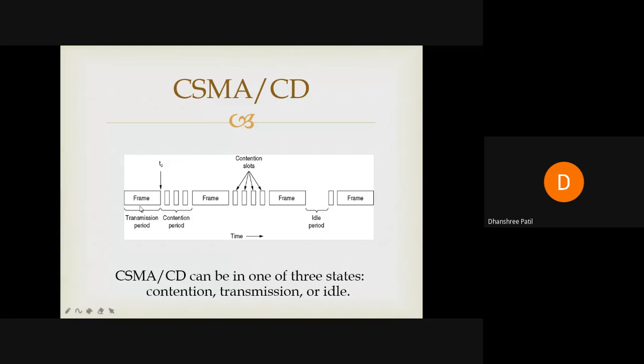Transmission period is where frames are actually transmitted, and idle means nothing is happening. So these are the three stages where the collision is occurring. But in CSMA CD, it is assumed that during the contention period, if only one frame is transmitting, or only one station is interested in communication, the collision is not occurring.